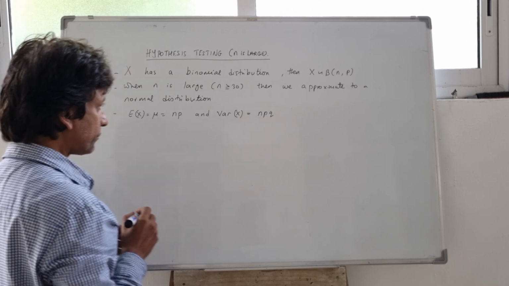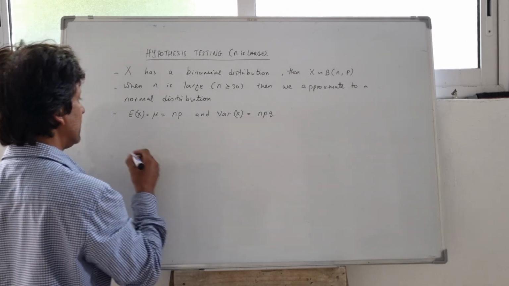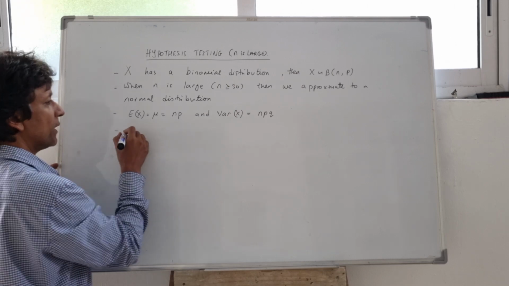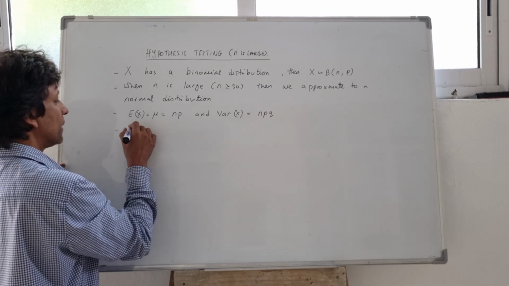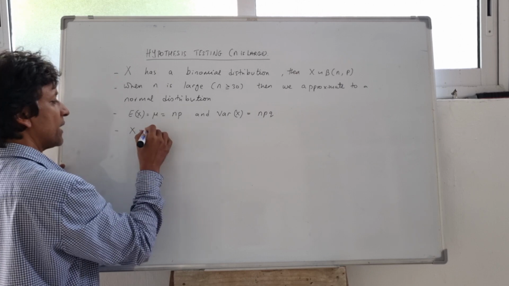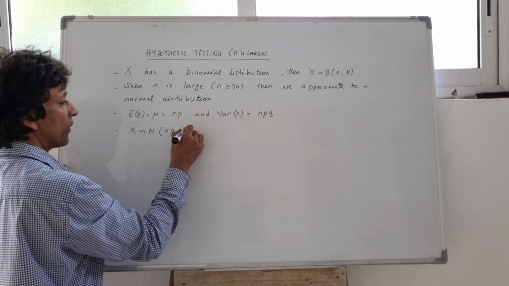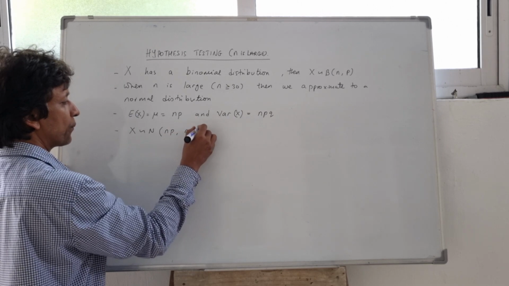Having said that as well, now we have a parameter like this: X is normally distributed with mean np and variance npq.